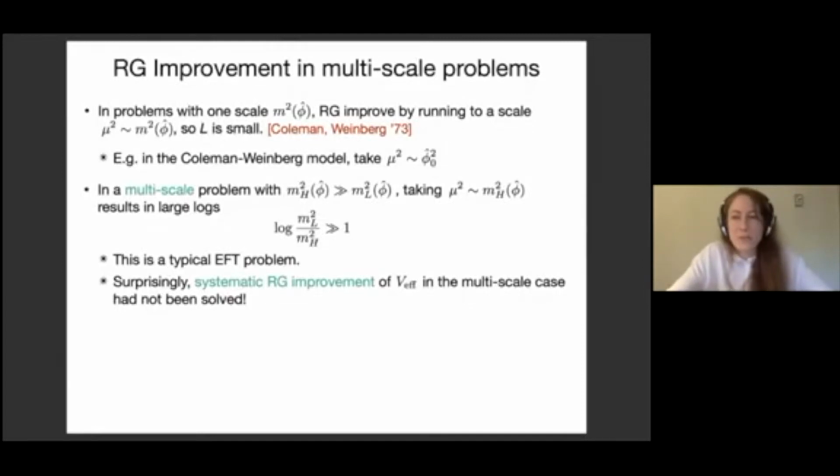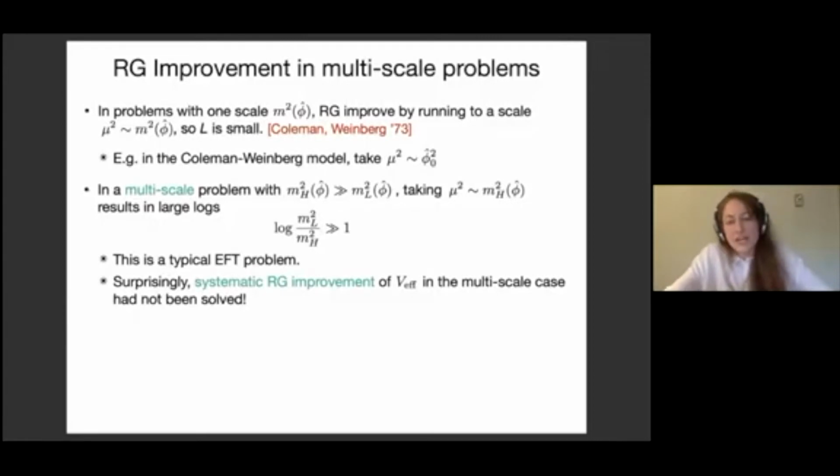So in the Coleman-Weinberg example of massless scalar QED, I said that the masses both go like the background field phi hat. And so if I run to a scale of order phi hat at the minimum of the potential, then the logs are small, and I'm done.